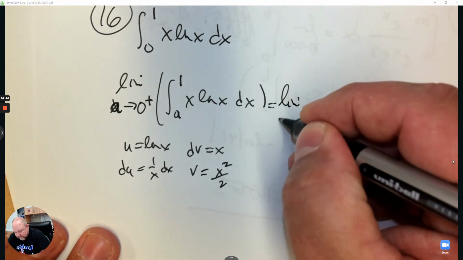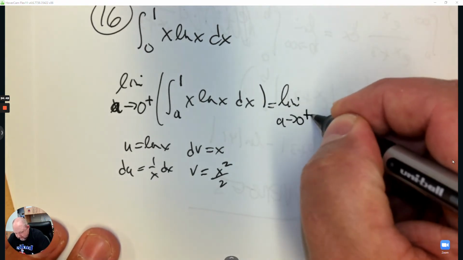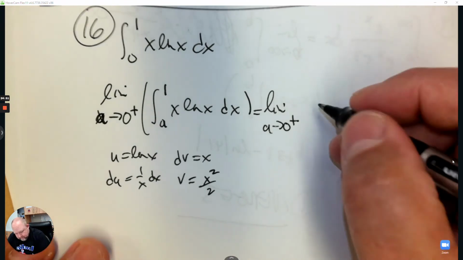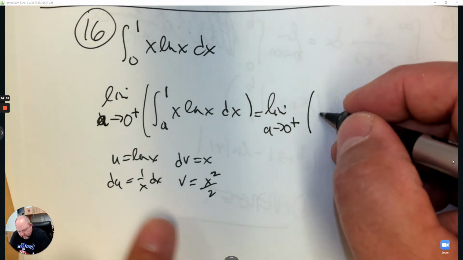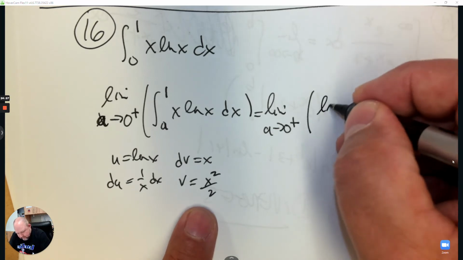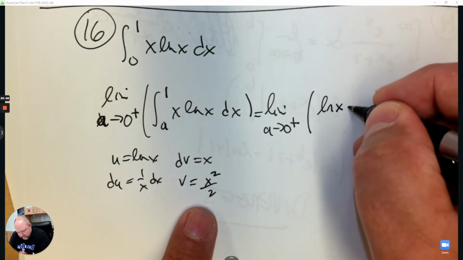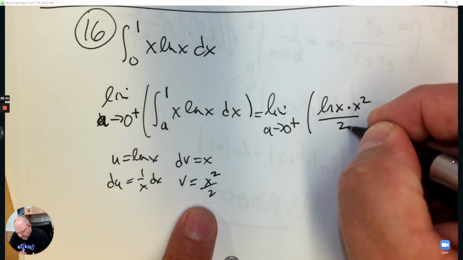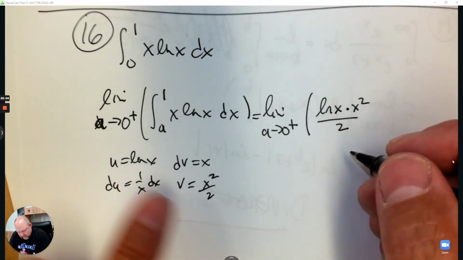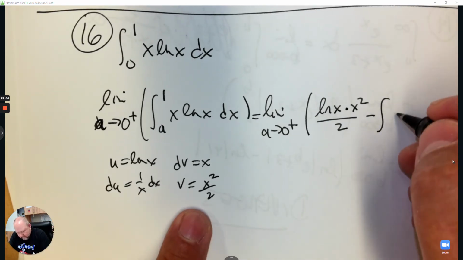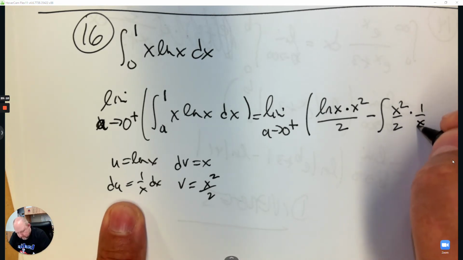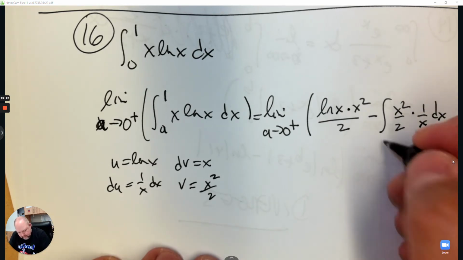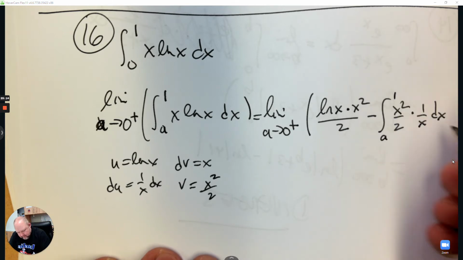So we have the limit as a approaches 0 from the right, and it's u times v, so it's that times x squared over 2, u times v, subtract v du. And again, I'm going from a to 1.